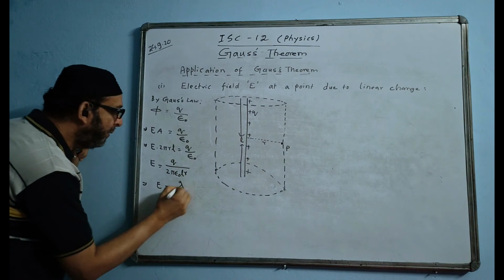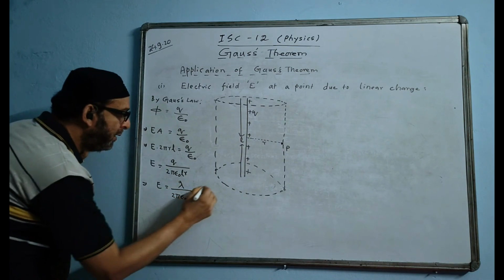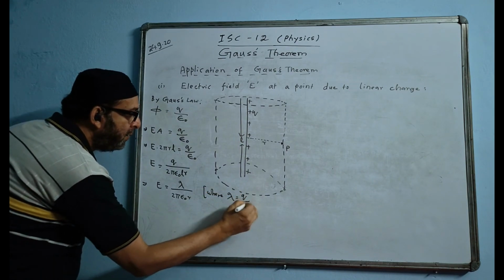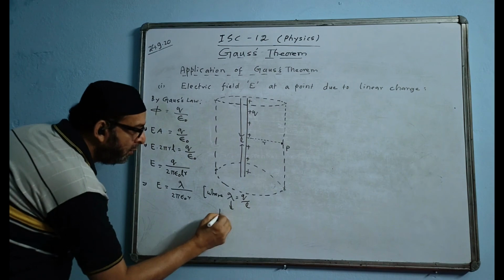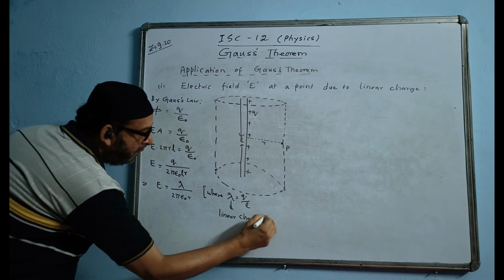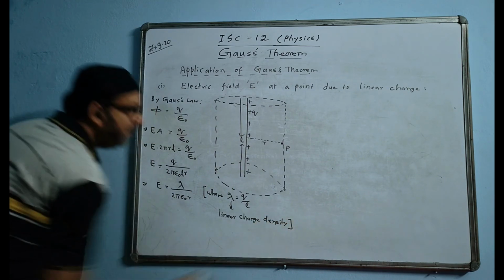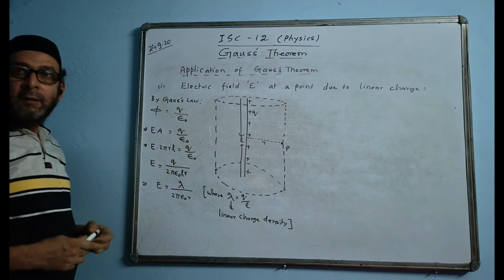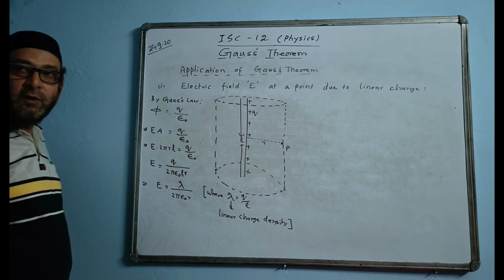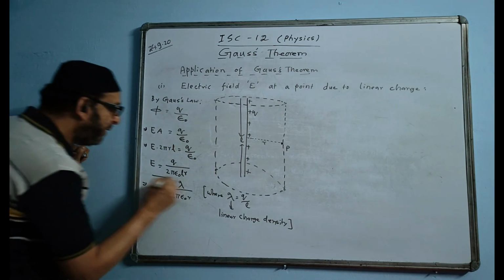Q by L is lambda, and here we write 2 pi epsilon naught R, where lambda is equal to Q by L. This lambda is called linear charge density. So this becomes the formula of electric field.